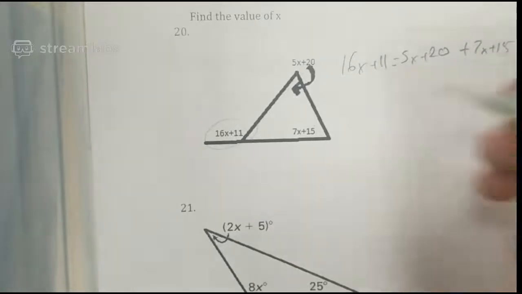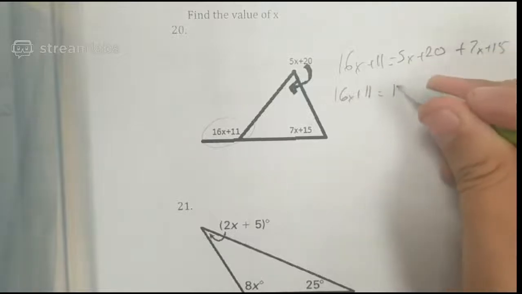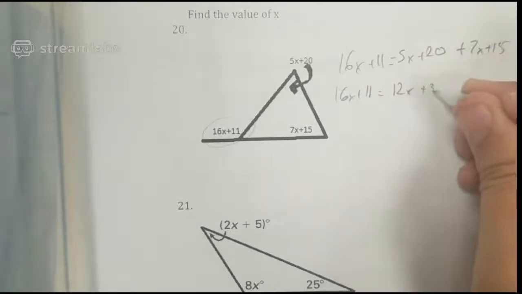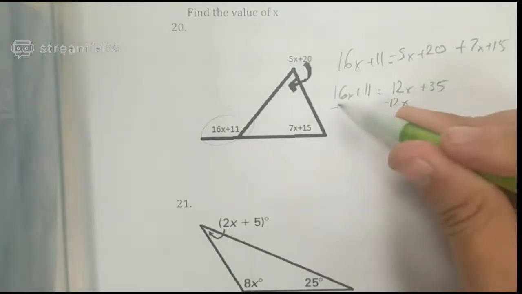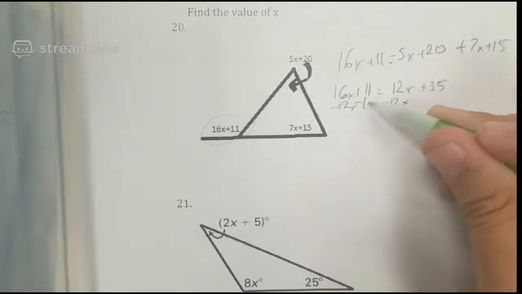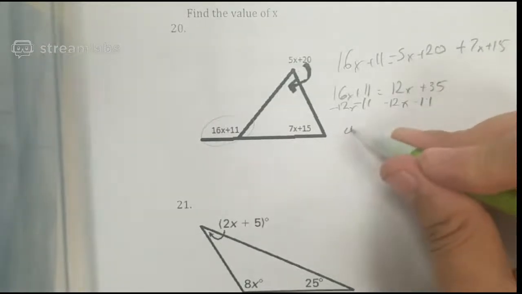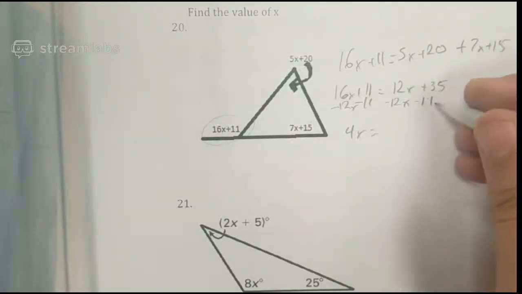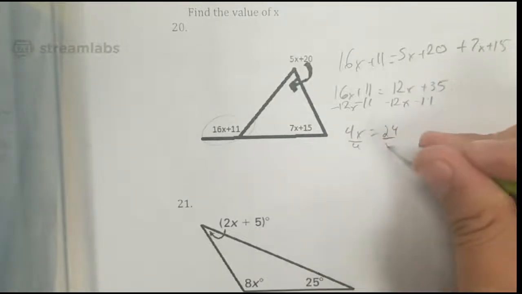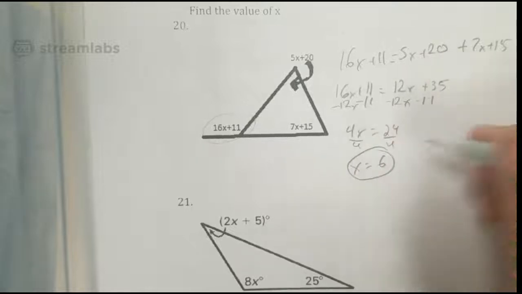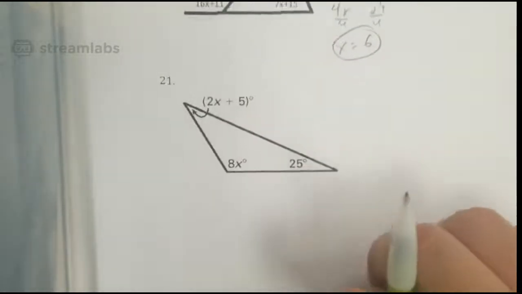So we could combine all the like terms. 16x plus 11 equals 12x plus 35. Again, I move the smaller x over, so minus 12x, minus 12x. Move whatever's left over, minus 11, minus 11. So I have 4x equals 24. Divided by 4, x equals 6. So x equals 6 in this one. Plug it in and you'll check and it'll solve.